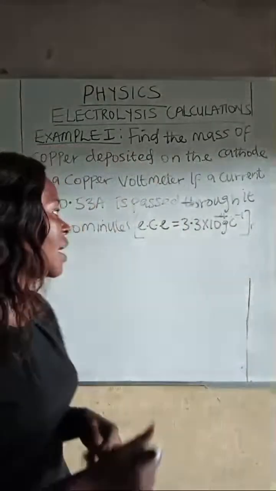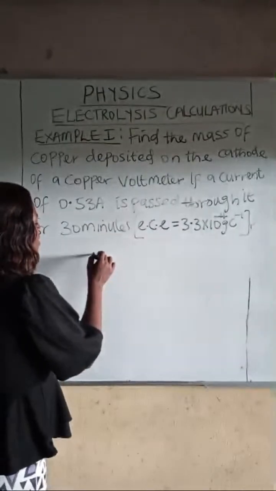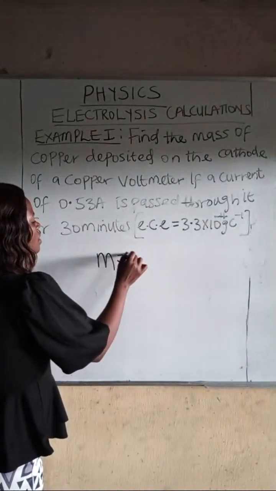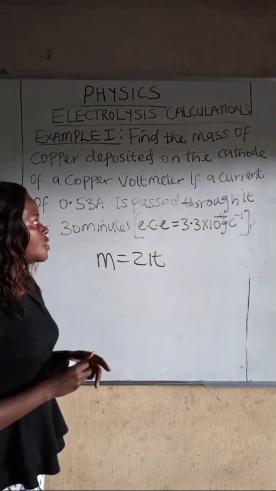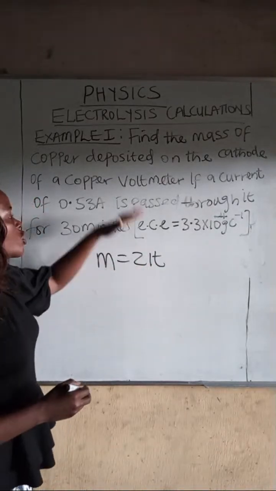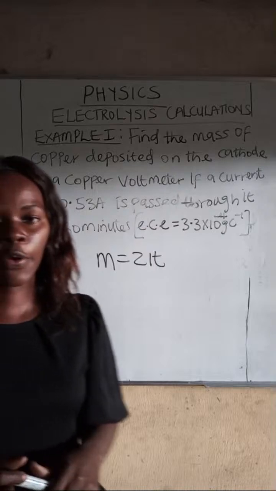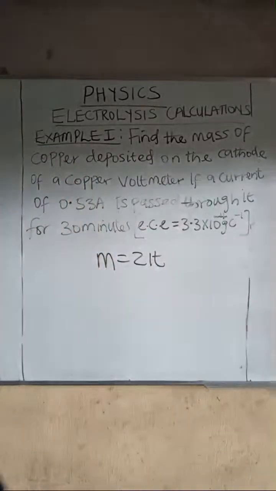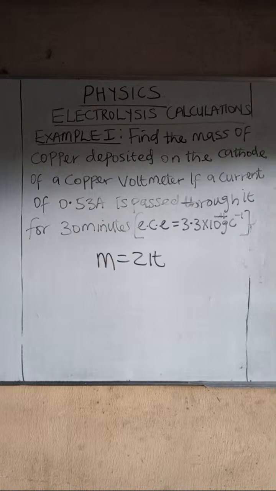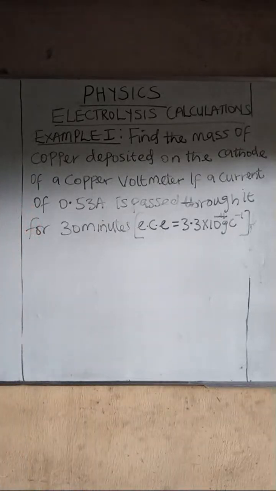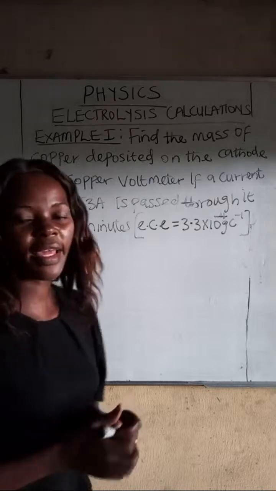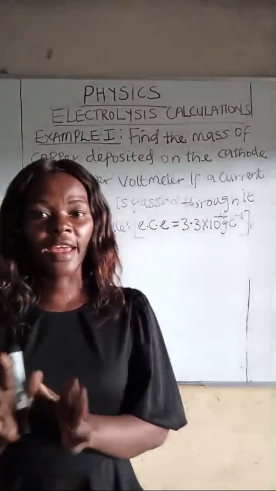So going by that, we proved that M is equal to ZIT, right? I'm going to use this formula to solve our question. Okay, let's solve. I believe you can hear me.